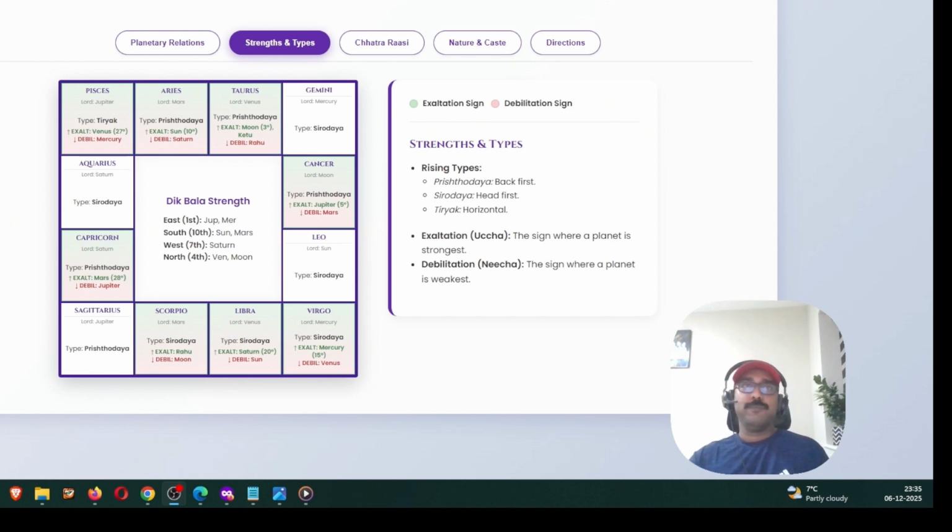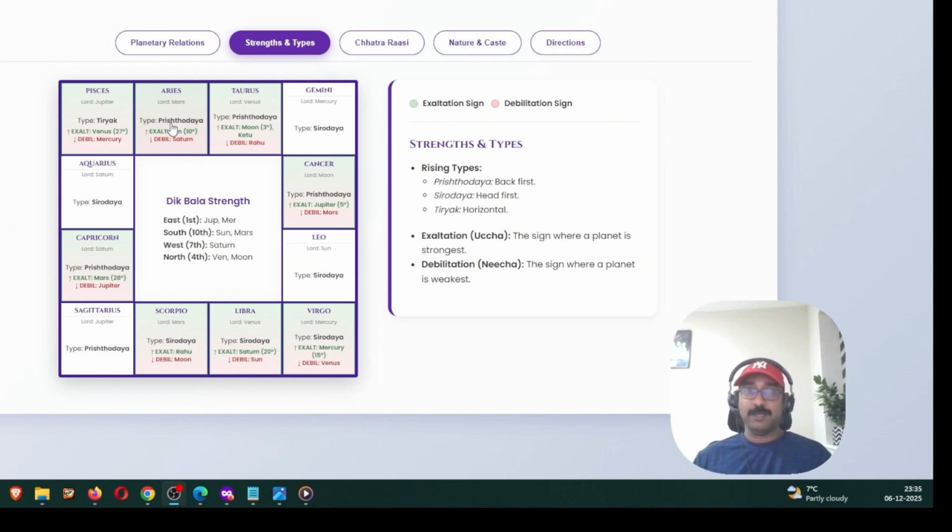And what we mentioned here is the type. Prishtodaya means the Aries sign itself is called Prishtodaya because of how the zodiac sign is rising from the ascendant. If it is rising with the head first, for example Taurus, the head will be the bull, the horns of the bull, and if it is rising with the horns of the bull first, that's considered a head first Rashi.